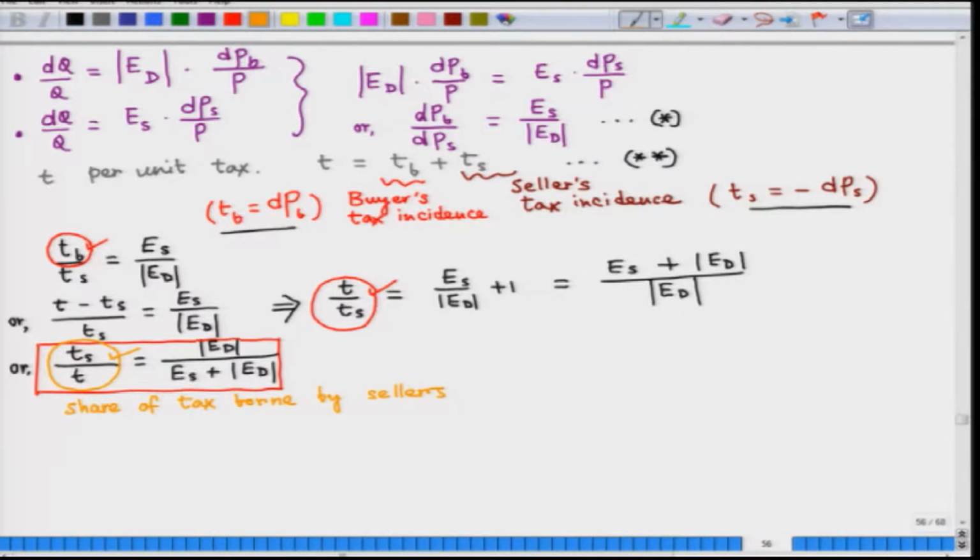Now, how can we find the share of the tax borne by the buyers?